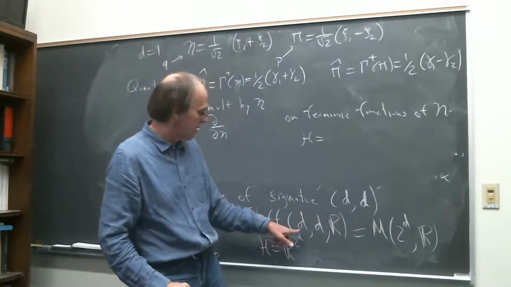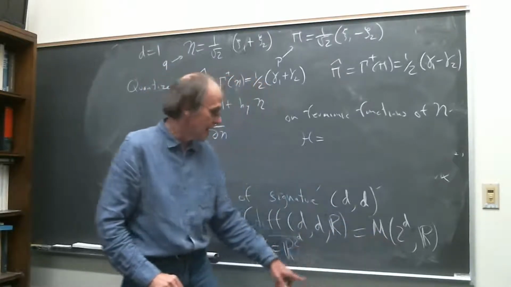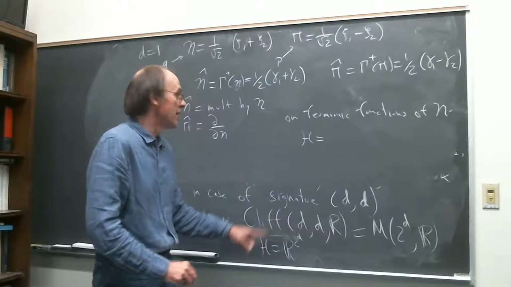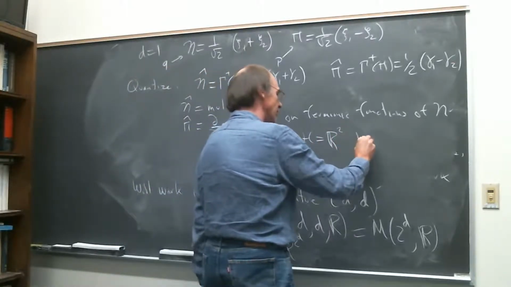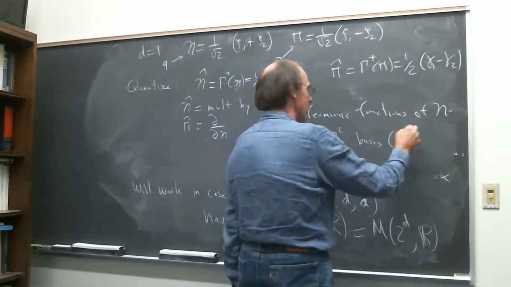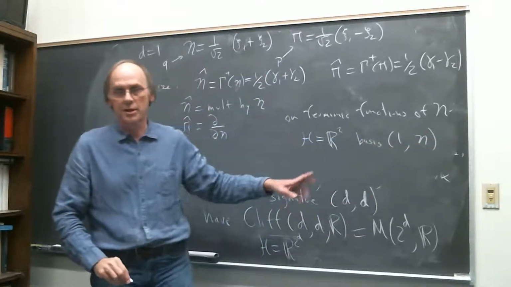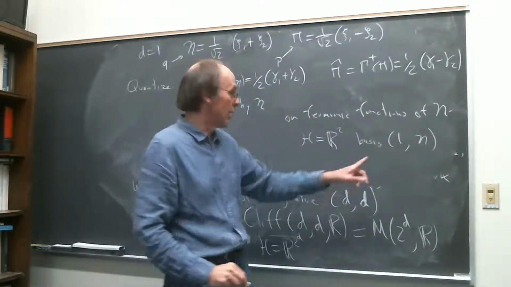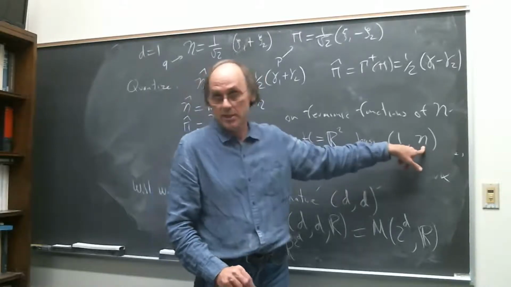Your Clifford algebra of (1,1) over R is going to be 2 by 2 real matrices. It's going to act on R2, and here H is R2 with a basis 1 and eta. So the possible fermionic functions of a single fermionic variable eta are just a constant times 1 plus some other constant times eta.